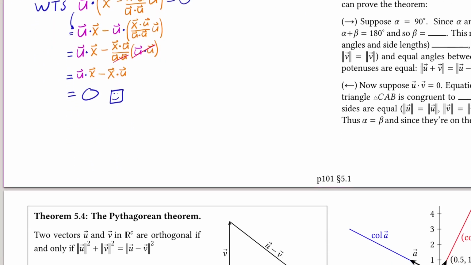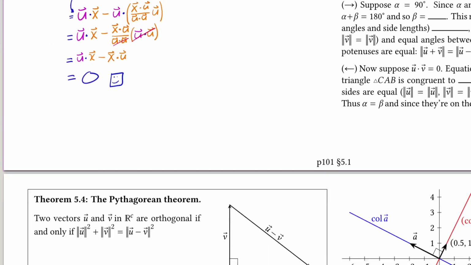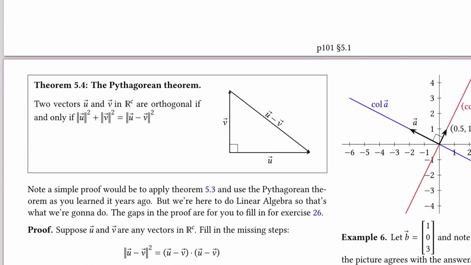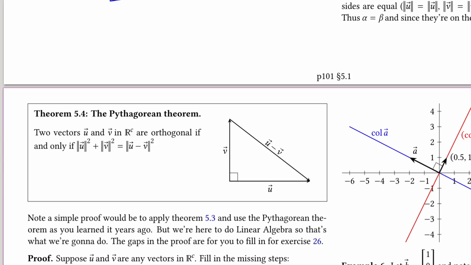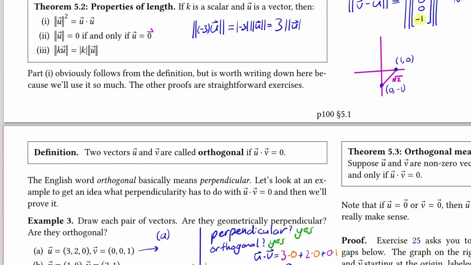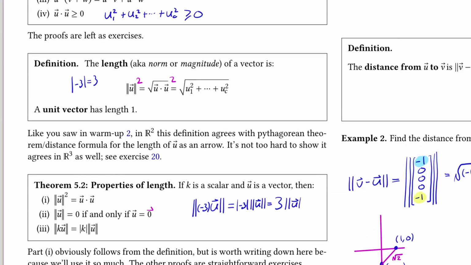All right. We also have theorem 5.4, which is the Pythagorean theorem. Now, you might be saying, wait, the Pythagorean theorem, didn't we kind of just assume the Pythagorean theorem was true when we defined length? And yeah, we kind of did.